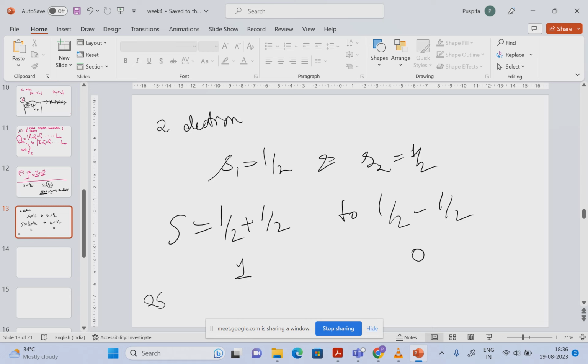So in this case, 2S plus 1 will be 3 or 1. So it is called singlet, and this is called triplet.